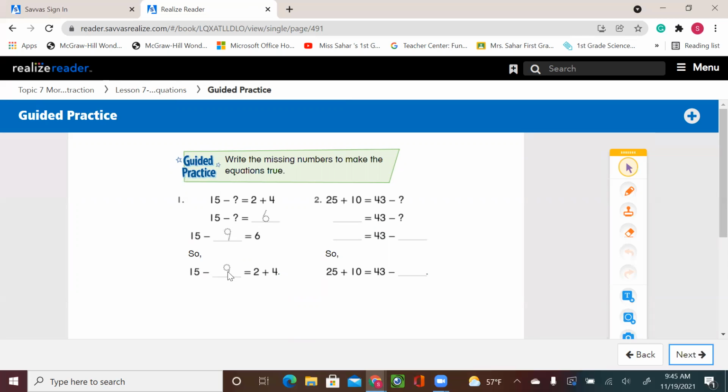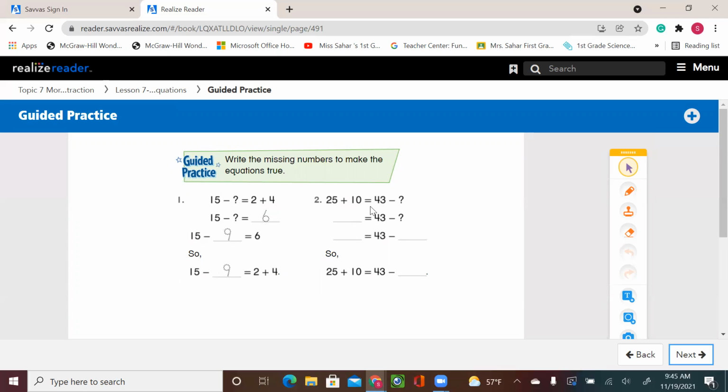So 15 minus 9 equals 2 plus 4. If you want to make sure that your answer is right, you need to subtract 15 minus 9. If your answer is 6, because 2 plus 4 equals 6, so your question and your answer for this question is right. All right, let's see number 2.